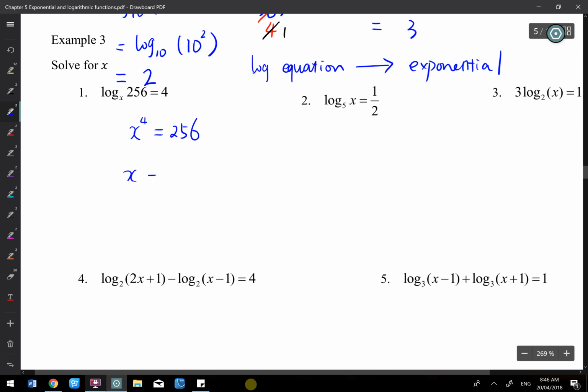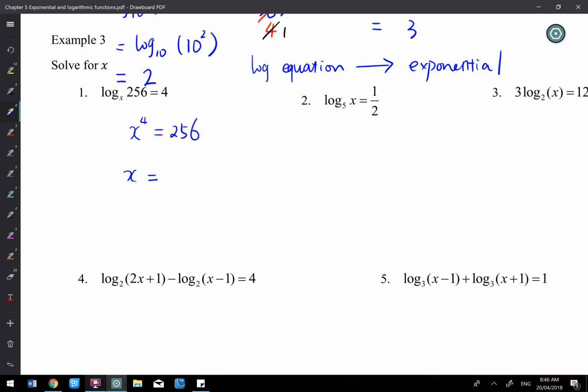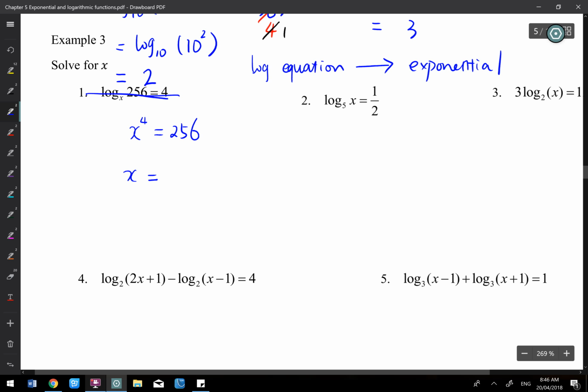So x will be, okay, if you just look at x to the power 4 equals 256, what you should do is plus minus root 256, right? Even power.